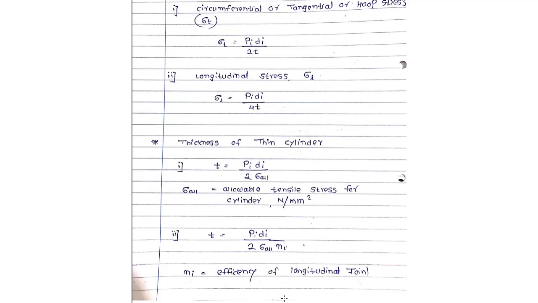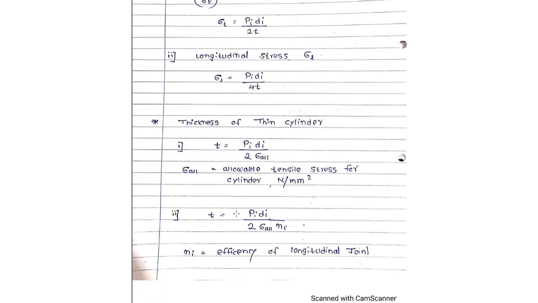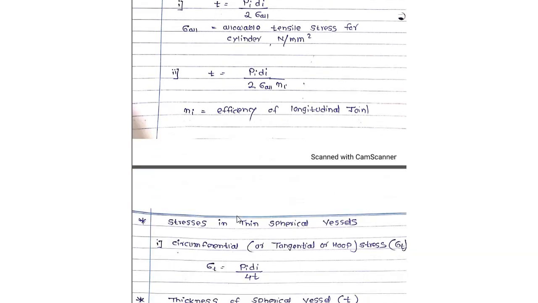The first one is the efficiency of the longitudinal joint, and the second is the efficiency of the circumferential joint. In that case, you only have to consider the efficiency of the longitudinal joint. Don't take the average and divide by 2. Don't do these things. Just take the efficiency of the longitudinal joint.